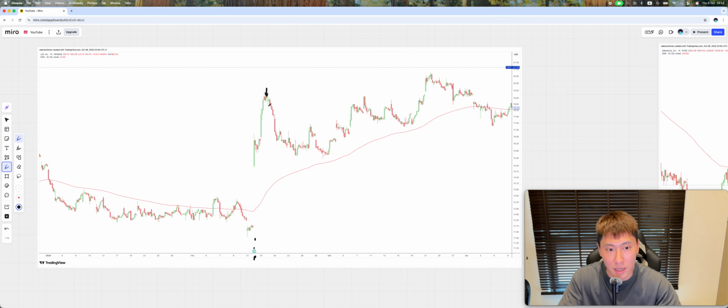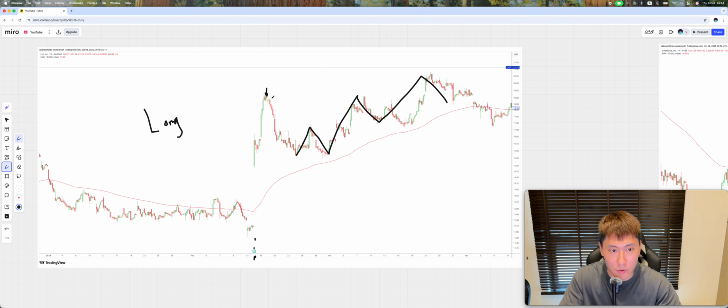And it's very obvious. The structure is very beautiful as well. There's a higher high, higher low, higher high, higher low, higher high, higher low. So it's a very obvious uptrend. In this case, we know that it's a long bias.